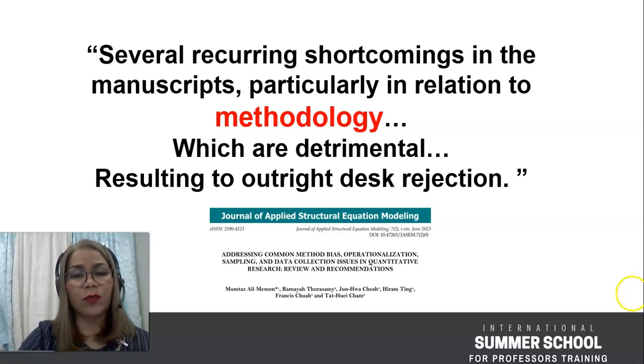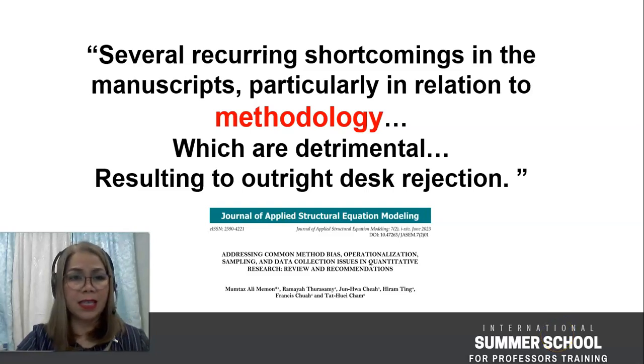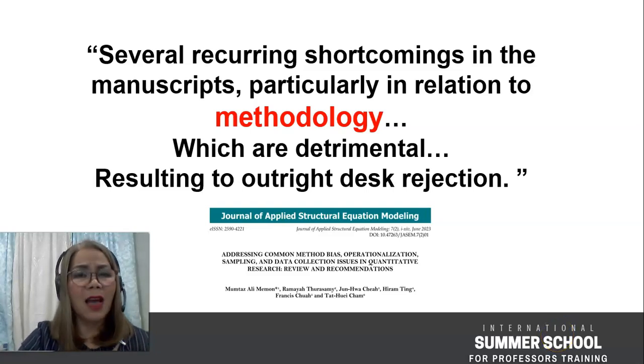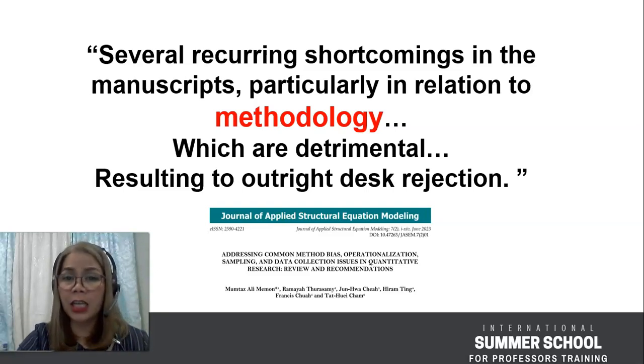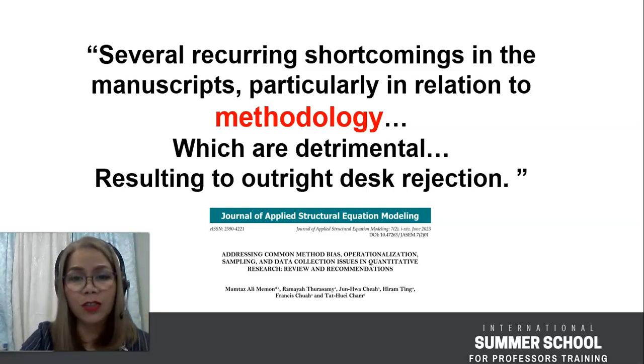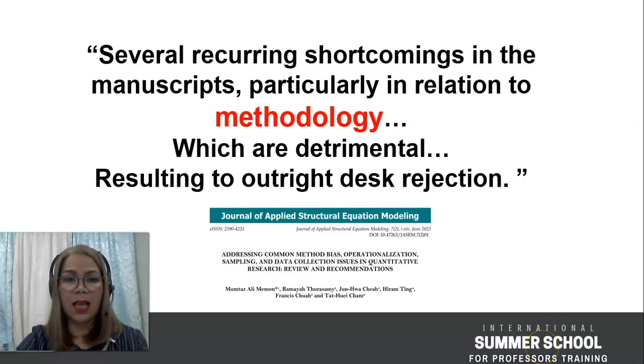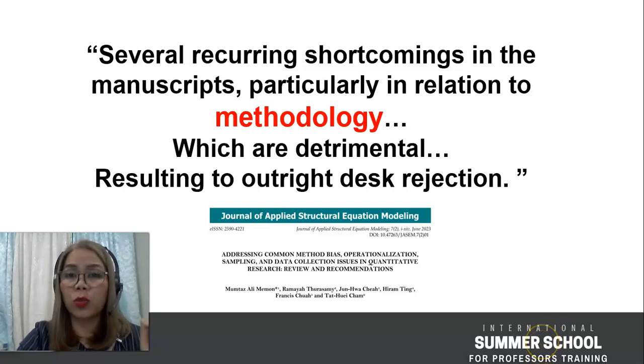According to the editors of the Journal of Applied Structural Equation Modeling, several recurring shortcomings in the manuscripts, particularly in relation to methodology, are detrimental and result in outright desk rejection. And we don't want that to happen to our hard-labored research articles.